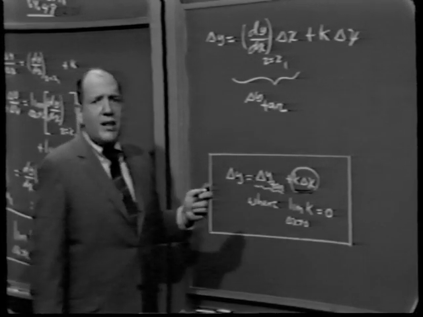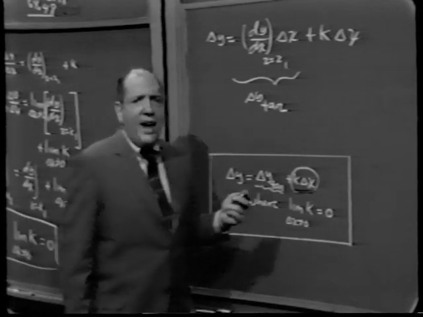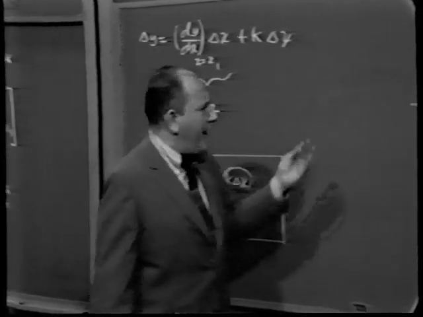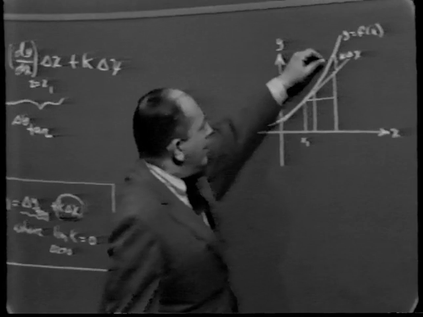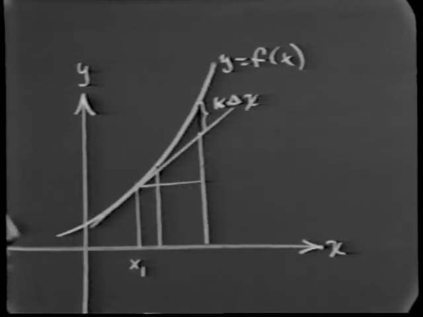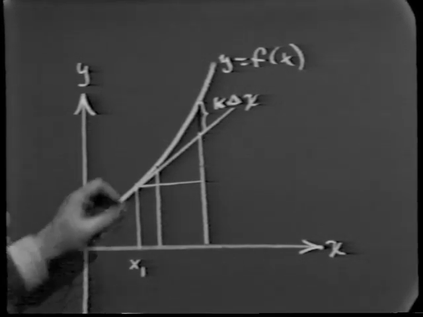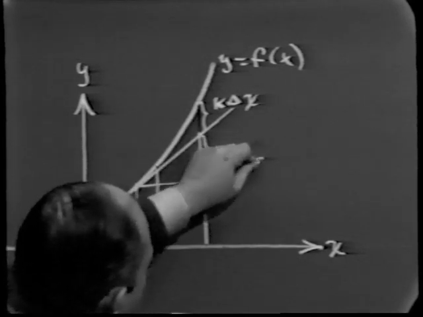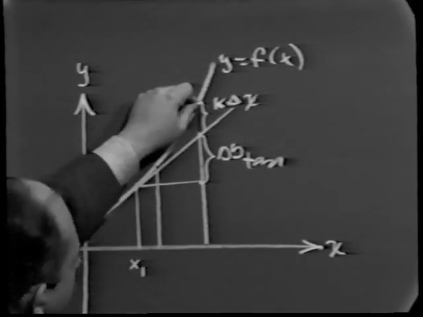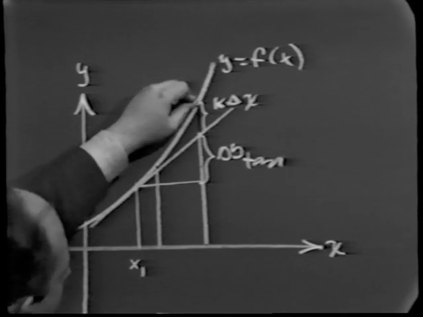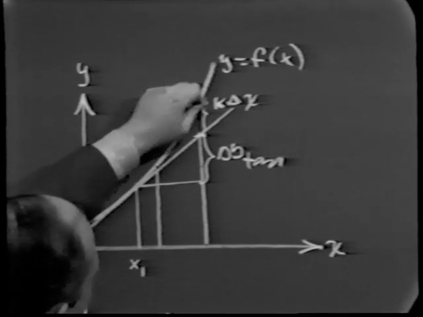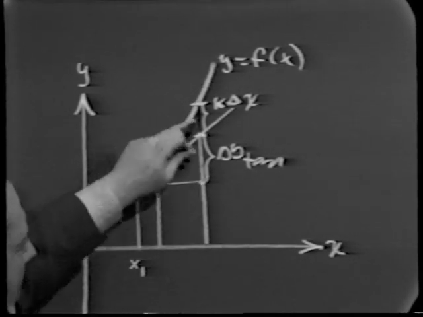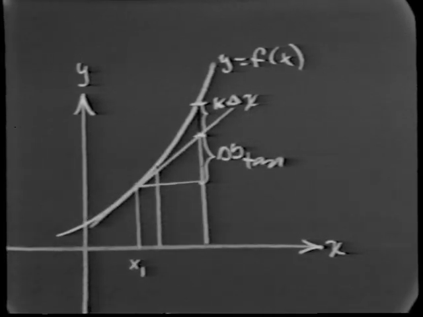Again, if you want to see what this thing means pictorially, and I wish I knew a better way of doing this, but I don't, notice that k times delta x was defined to be the difference between delta y and delta y tan. In other words, since this length here is delta y tan, and since this entire length would be called delta y, again, the accented line, this length here is k times delta x.